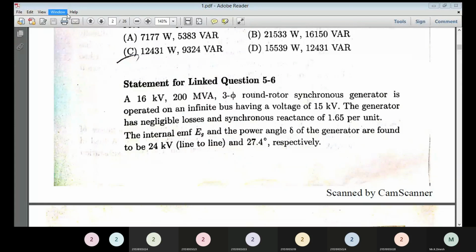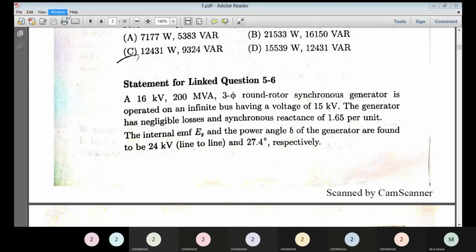So next is a statement question. The 5th and 6th questions are statement oriented questions. A 16 kV, 200 MVA, 3-phase round rotor synchronous generator is operated on an infinite bus having a voltage of 15 kV. The generator has negligible losses.